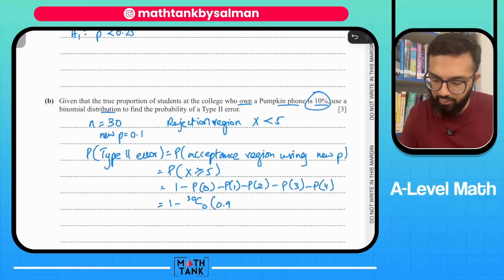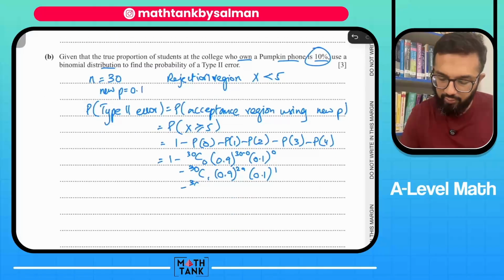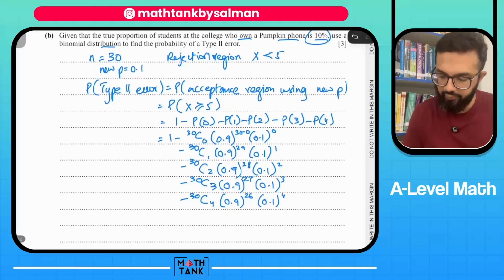And this should be 0.9, then 0.9 power 30, then 30C1 0.9 power 29, 0.1 power 1, 30C2 0.9 power 28, 0.1 power 2, 30C3 0.9 power 27, 0.1 power 3, 30C4 0.9 power 26, 0.1 power 4.